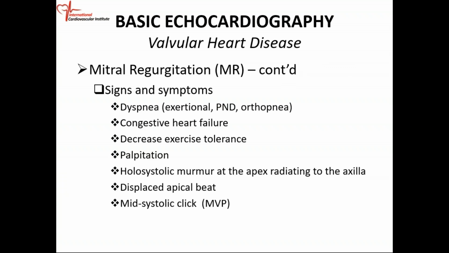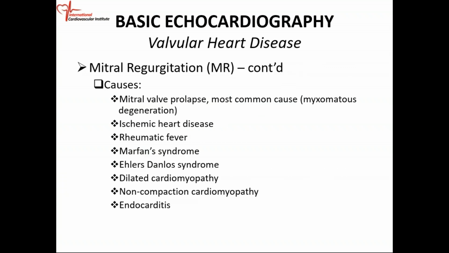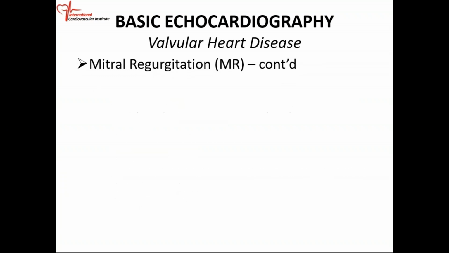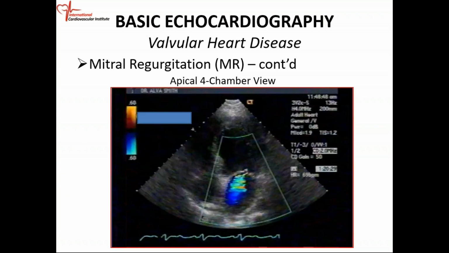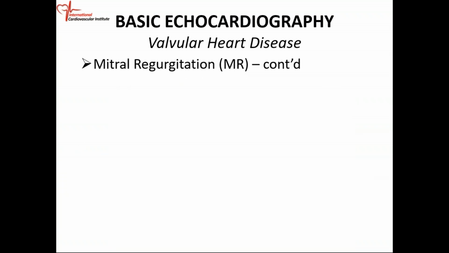So again, in any regurgitation scenario, you're going to get your proximal isovelocity surface area.